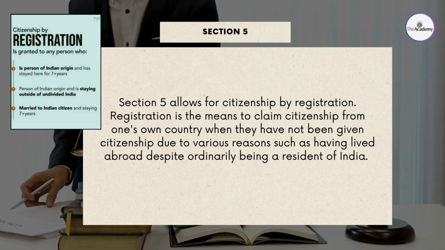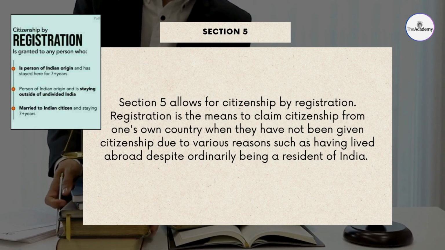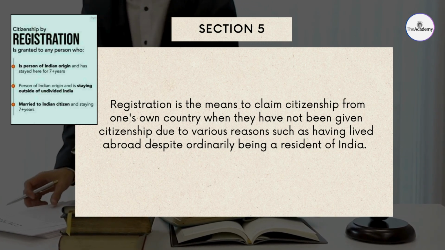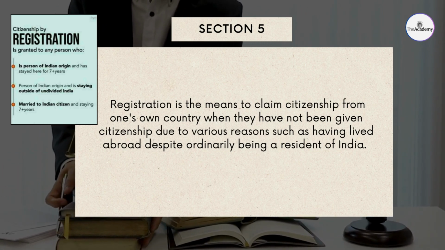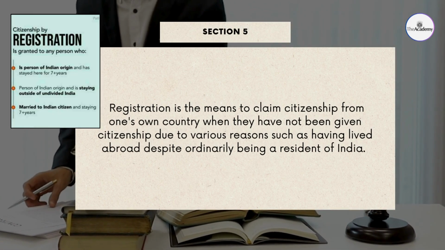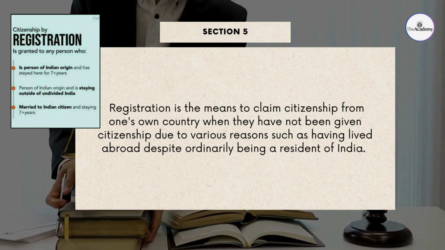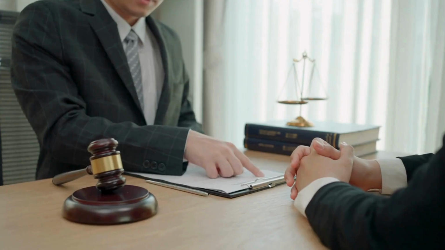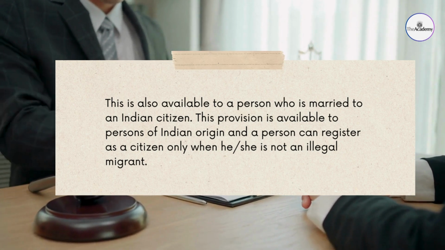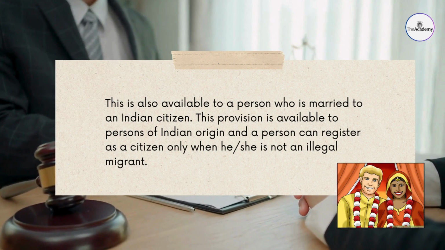Section 5 allows citizenship by registration. Registration is the means to claim citizenship from one's own country when they have not been given citizenship due to various reasons, such as having lived abroad despite ordinarily being a resident of India. This is also available to a person who is married to an Indian citizen.